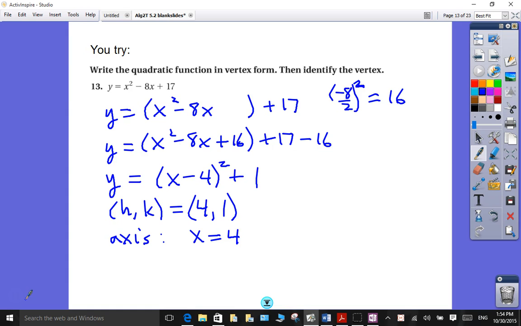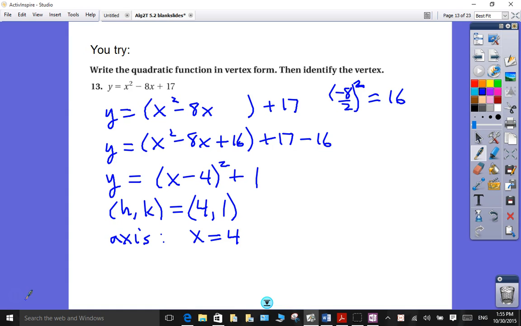Half the middle coefficient, -8 divided by 2 squared. That's -4 squared is 16. So put a 16 there. But you can't just put a 16 there without balancing it out by doing something somewhere else. So I subtract 16 at the end. So it's x minus 4 squared plus 1, which makes the vertex +4, +1, axis of symmetry, x equals 4.